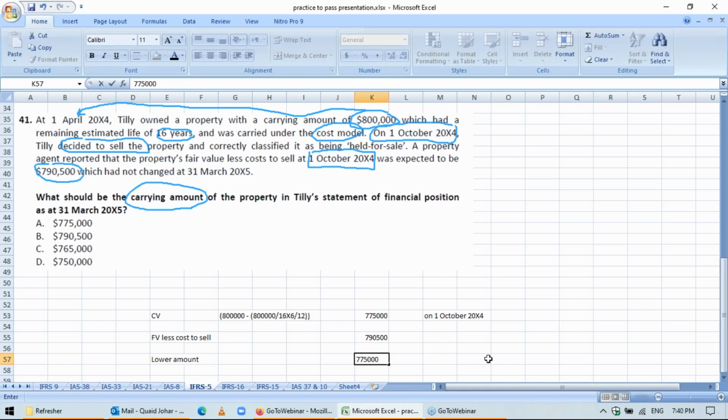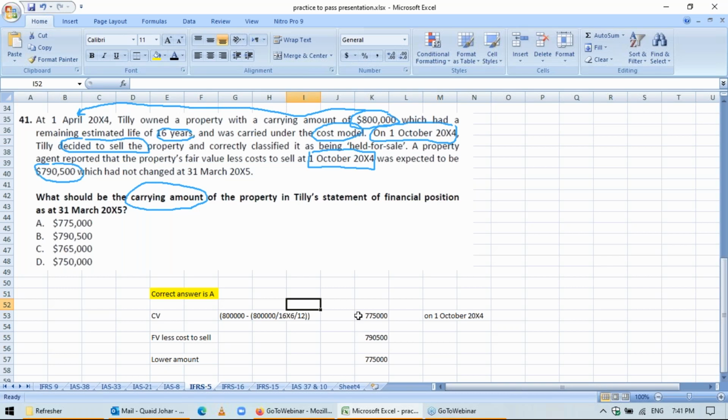So the correct answer is A, 775,000. Why is the carrying value lower here? Because gain is expected, and gain will not be recognized in advance. Expected gains you cannot recognize in advance, but expected losses shall be recognized immediately. Over here, you will be selling at more than the carrying amount. Therefore, we are not recognizing the gain. So that's all for IFRS 5.